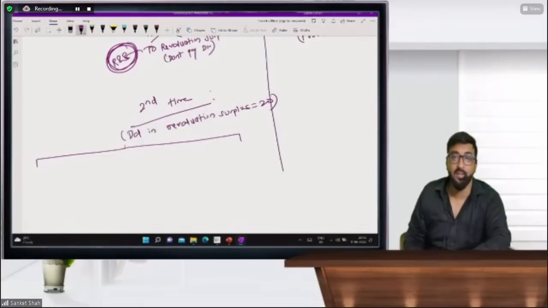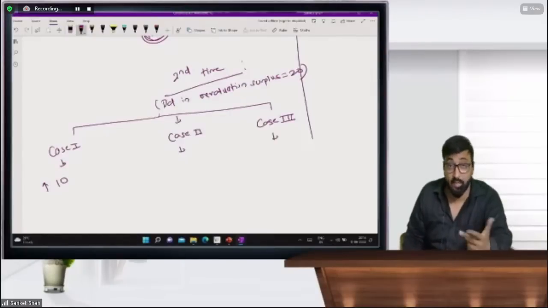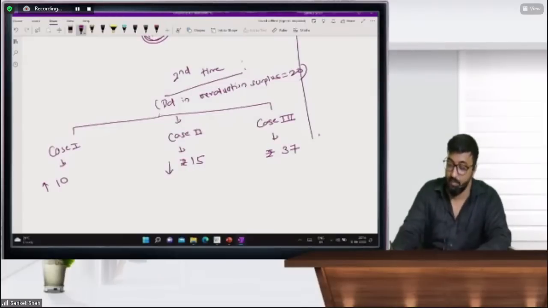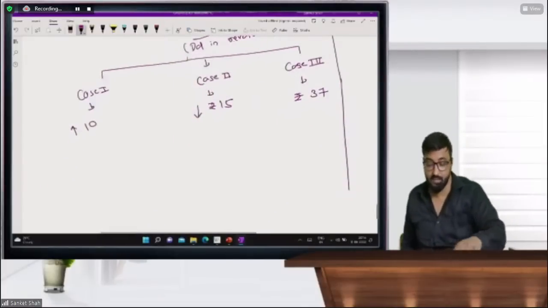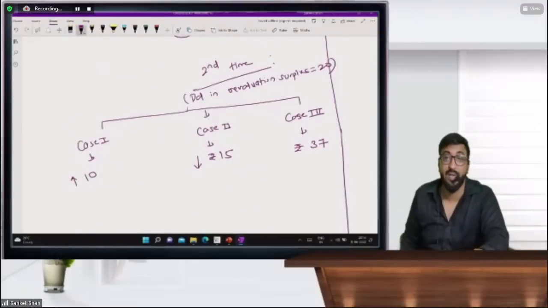Now I am giving three different cases. Case 1, case 2, case 3. Suppose again upward revaluation 10, second time; downward revaluation rupees 15; and downward revaluation rupees 37. First time upward, so your balance in revaluation surplus is rupees 20.